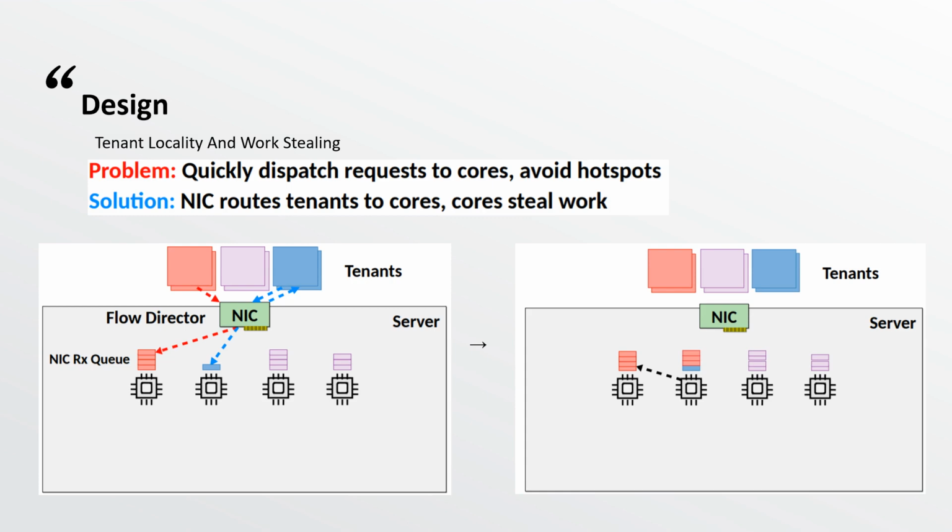In my understanding, that means there are multiple cores, and if one core has a few tasks and another core has a lot of tasks, the one with fewer will steal some work from the other one. It will balance the length of the queues, so it will have a higher utilization of the cores.